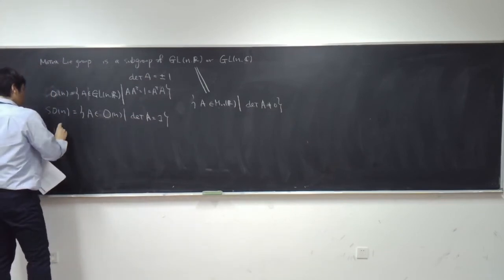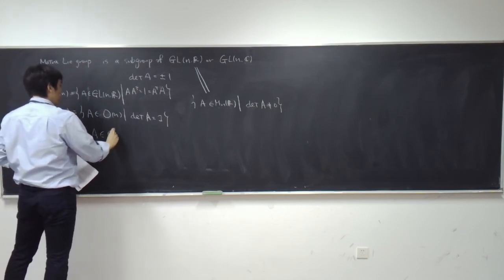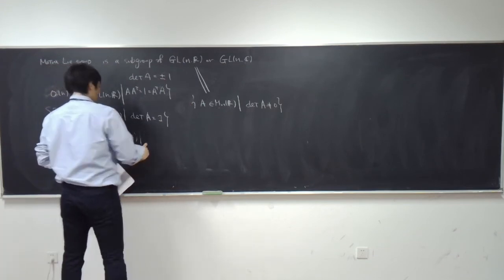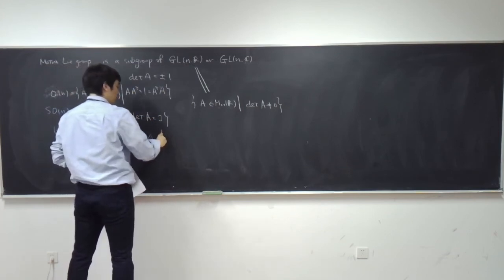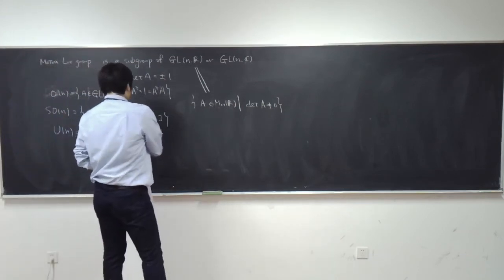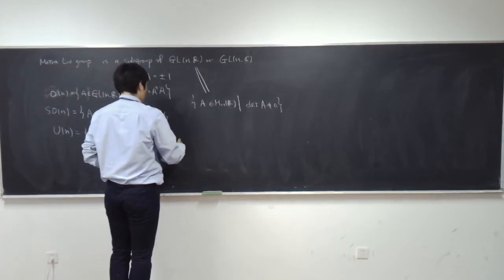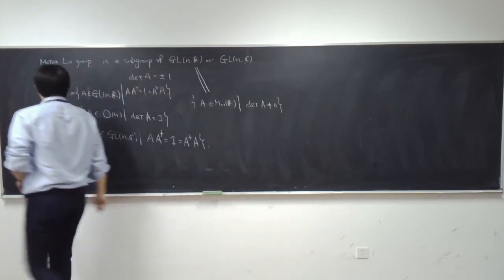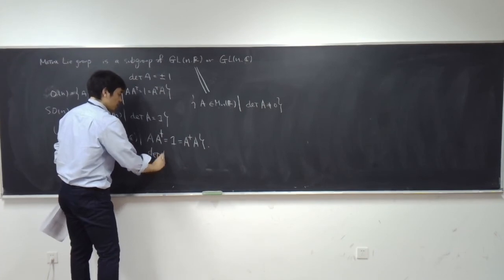And the unitary group is the set of A in GL(n,C) such that A dagger A is 1, taking the complex conjugate and transpose, because the base field is C. And as you can easily see, what's the determinant of A in this case?